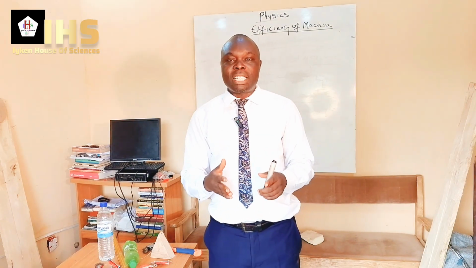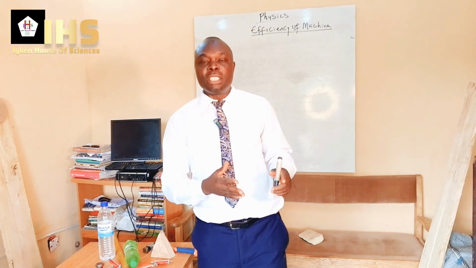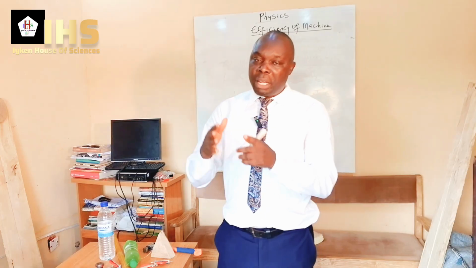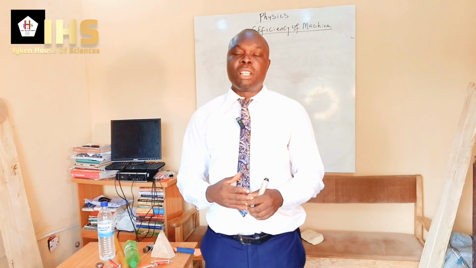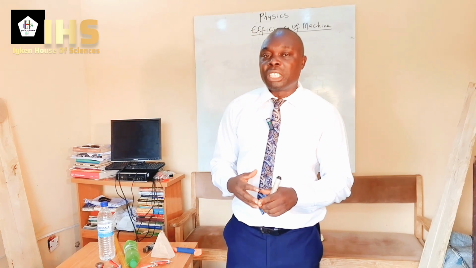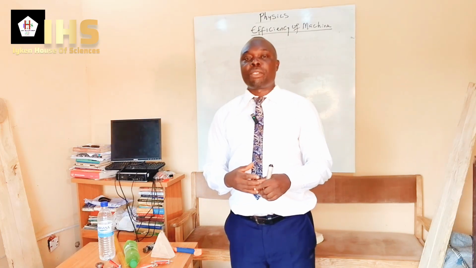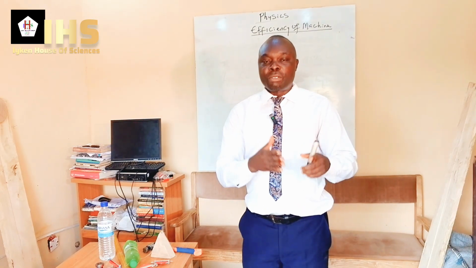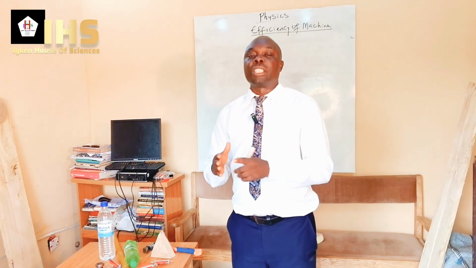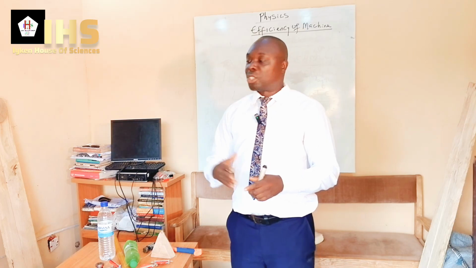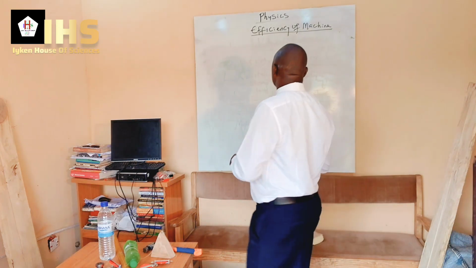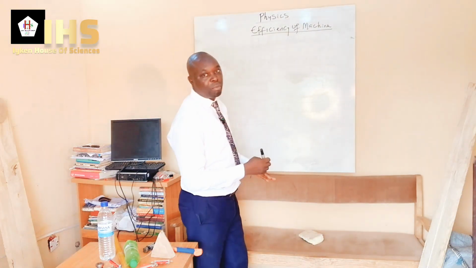That is, the work output of the machine is equal to the work input. From there, we are able to derive a formula whereby the mechanical advantage equals the velocity ratio. That's where I stopped. So today, we'll look at what we call the efficiency of a machine.